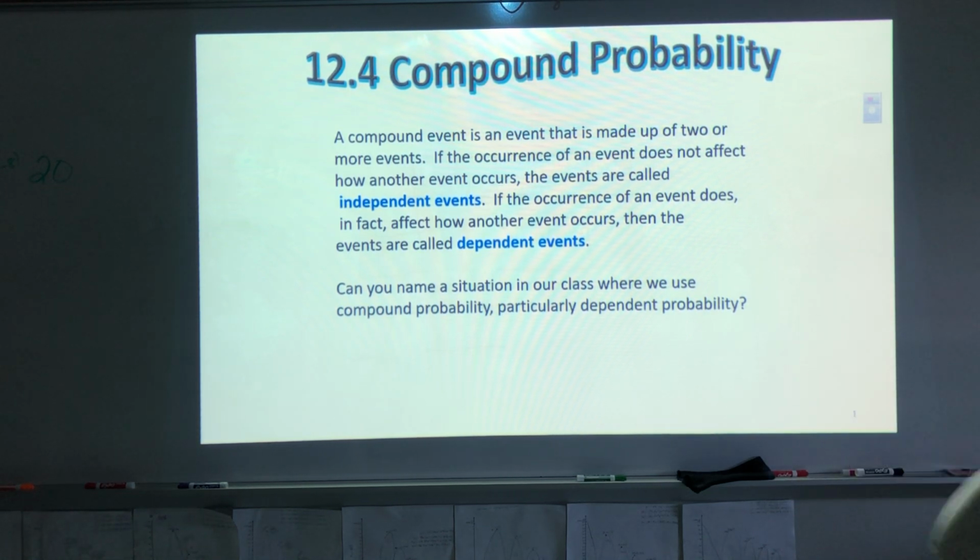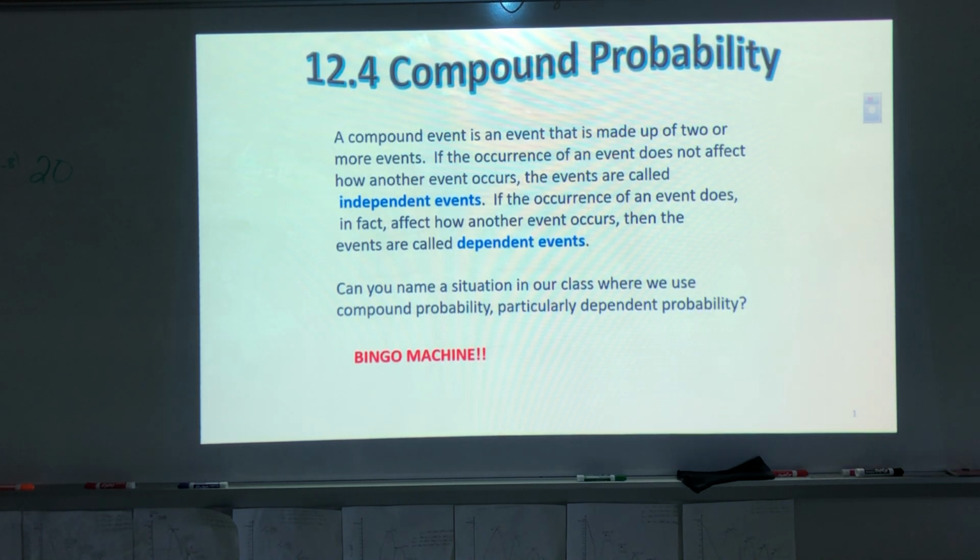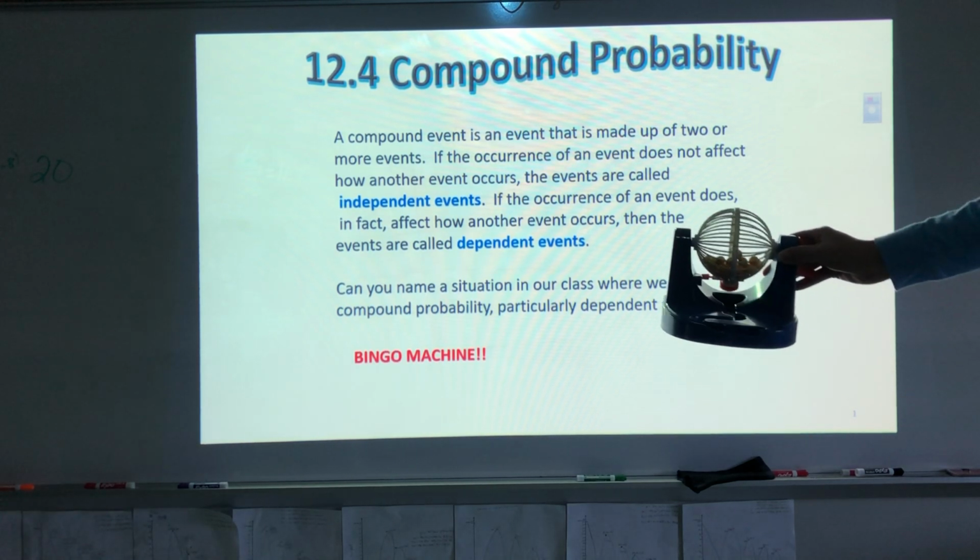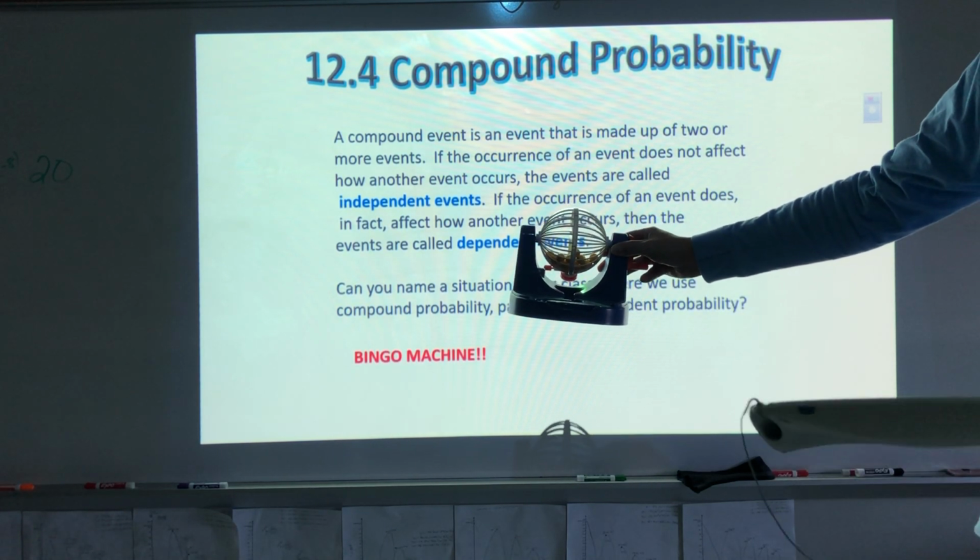We've not used this much in class because of the way everything's been going on with COVID. But can you name a situation in our class where we use compound probability, particularly dependent probability? The answer to that question is the bingo ball machine. Basically how it works is, as I spin the ball, I call on a desk number.